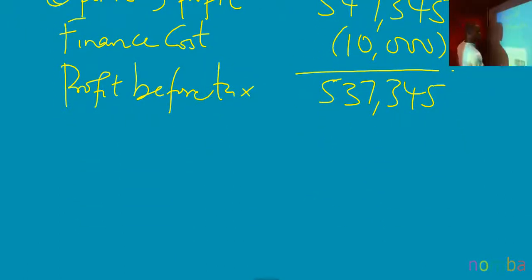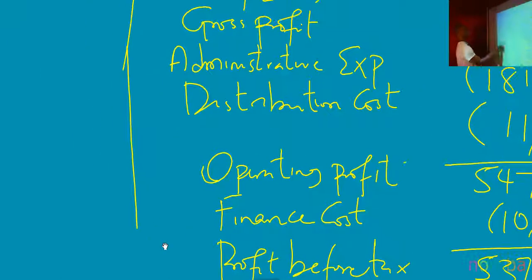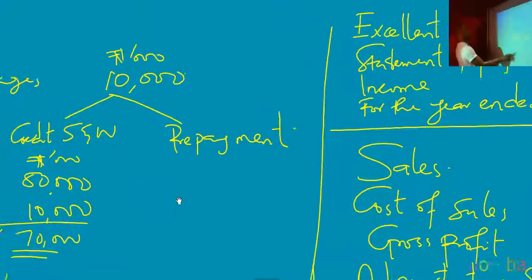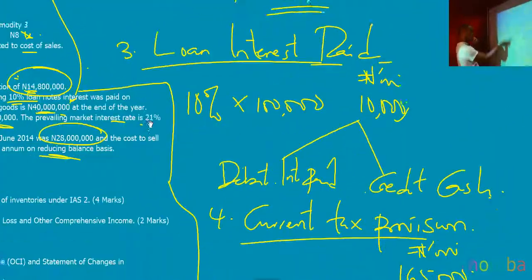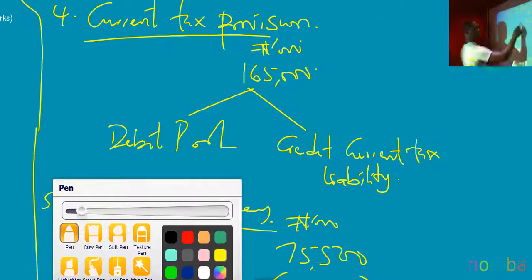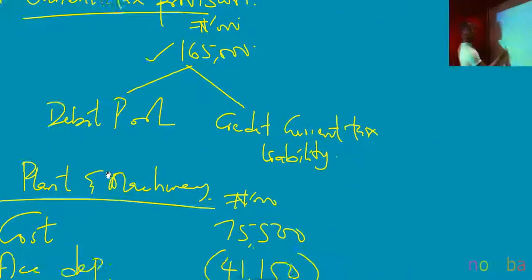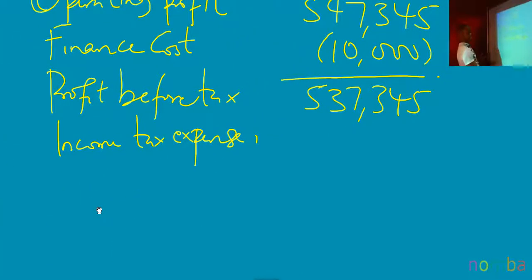And my income tax expense, as determined in my workings, is 165,000.